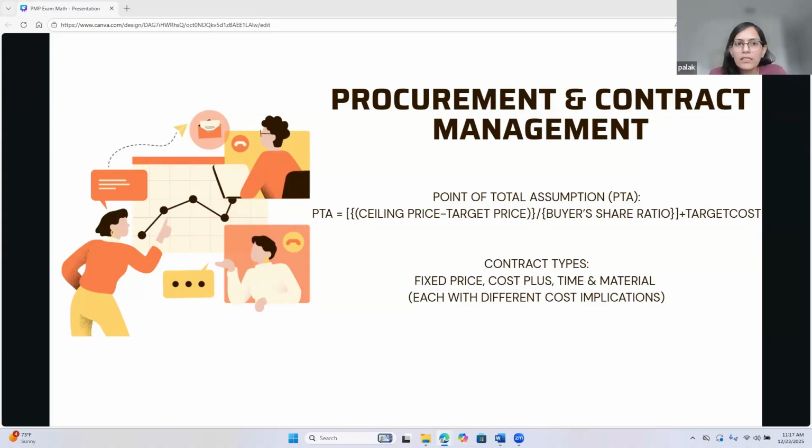Okay, that is the ceiling price, which is the maximum the buyer will ever pay, minus the target price, divided by the buyer's share ratio, plus target cost. Okay, don't worry too much about this because it's rarely tested in the real exam. I didn't have any question on this one.